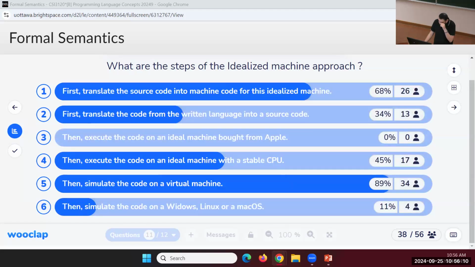So here we have: translate the source code into machine code for the idealized machine. Translate the code from the written language into a source code. Execute the ideal machine with a stable CPU.